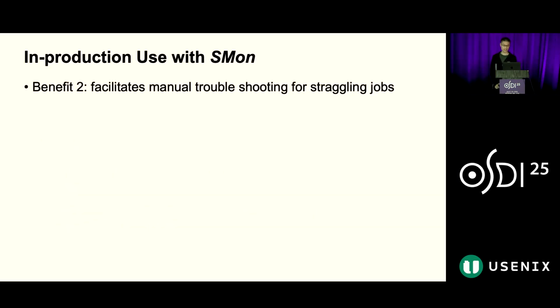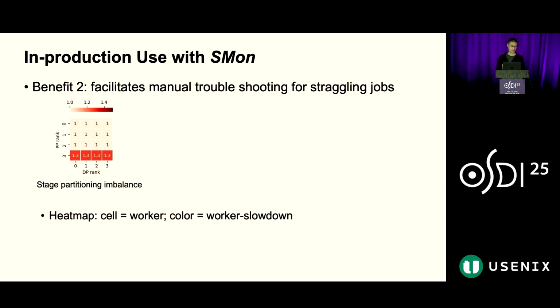The second benefit is that it facilitates manual troubleshooting when we need to diagnose a specific straggling job. This is enabled with a heat map representation where each cell represents a worker and the color represents the slowdown of the worker. It can help us locate the slow workers very easily by looking at which cells are highlighted. Here it shows the stage partitioning imbalance, which is caused by a large loss layer assigned to the last PP stage.